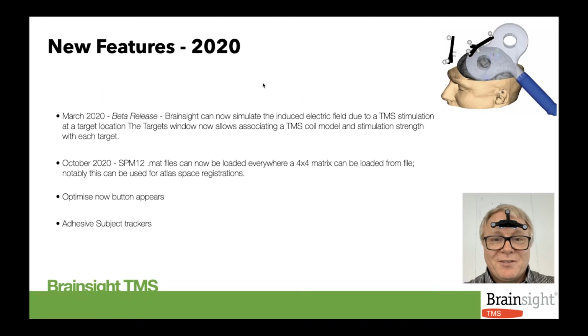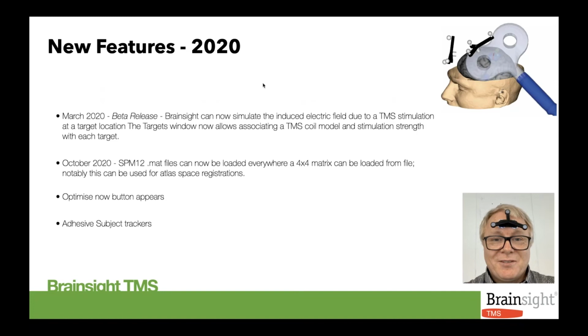So if we were to stimulate without optimizing, we'd have to hold the coil at a really crazy angle. There was a workaround where you would click in the middle of the crosshairs on a different window and it would orient the coil correctly. But now we have this optimize now button, so there's no option for error to be introduced.